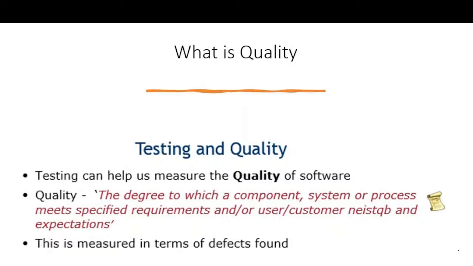Some might be defective, some might not be proper for cooking. So we take those out, pick only the quality ones, bring them home and start cooking, right? Similarly, in testing we find different defects, and defects help us to measure the quality.